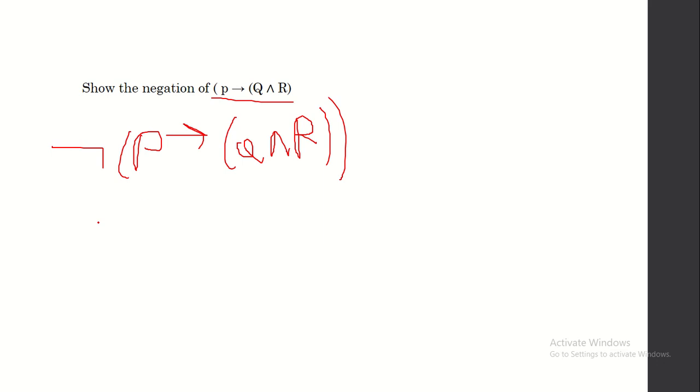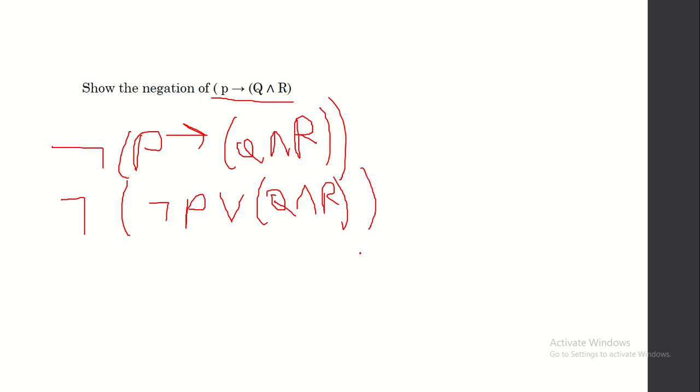From this negation, this is a conditional statement, we can write it as not P or (Q and R), right? We have already seen how this and this are equivalent.